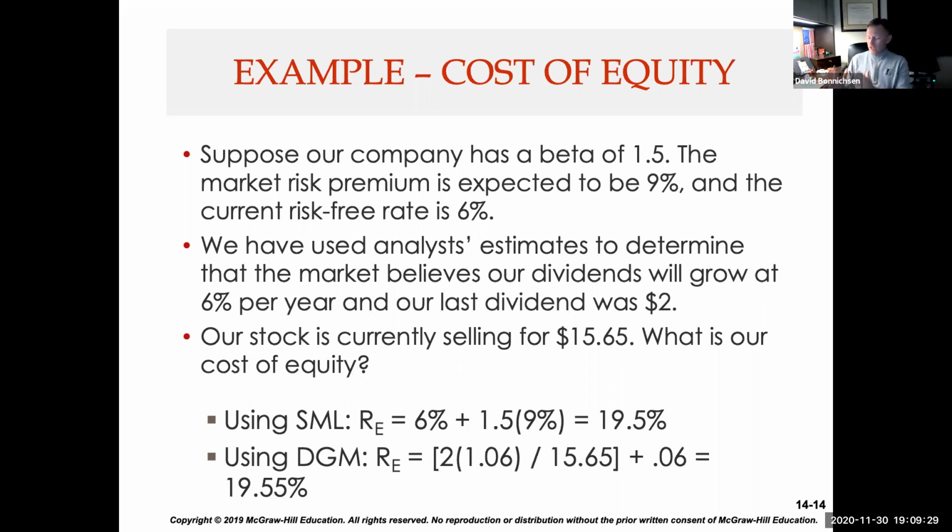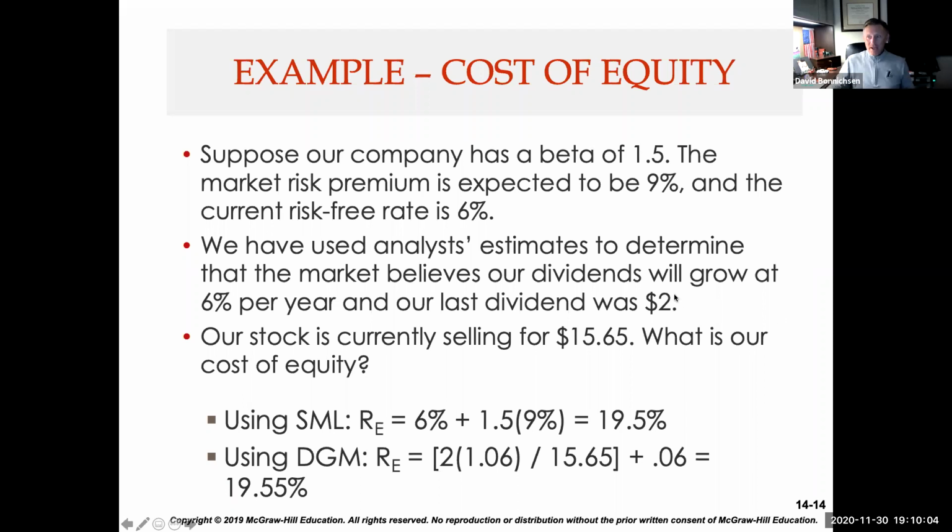Second approach, dividend growth model. Expected return is equal to, don't mess this up, words matter. Just paid. Our last dividend was $2. In the model we were looking at, it said D1. D1 is the future dividend, so we have to grow what just got paid.